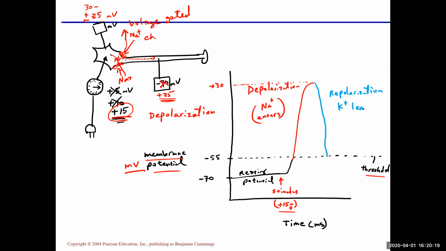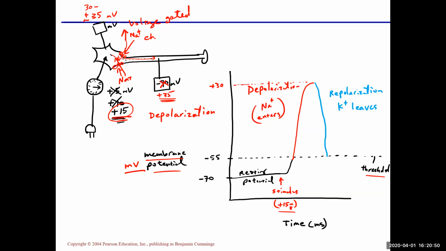Sometimes this is known as efflux, exit, versus influx. So potassium leaves, and up to where? Up to the negative 55, because potassium is a positive ion, when it's leaving, it's going back towards the threshold. In other words, it's going back towards its negativity, or the resting potential.